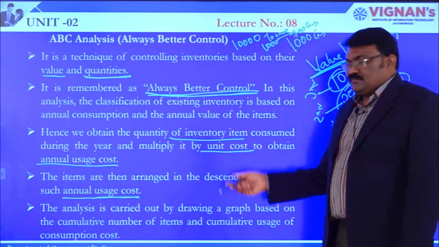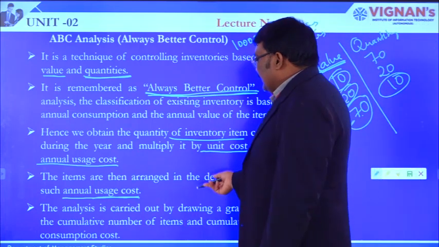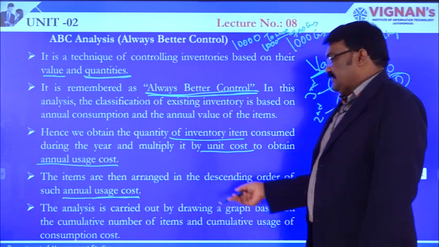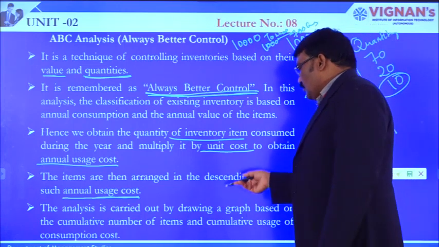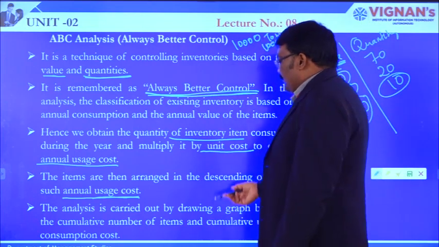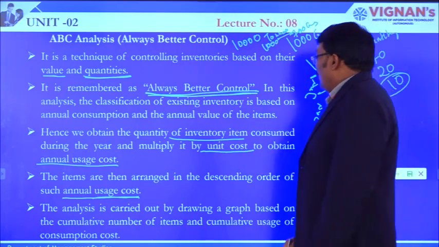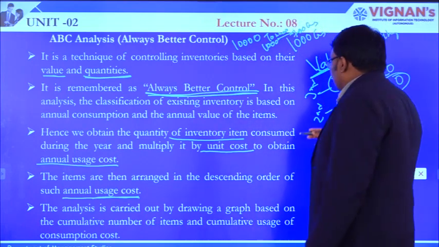Okay. Now, coming to the fifth point, the analysis is carried out by drawing a graph based on the cumulative number of items and cumulative usage of consumption cost. So, how are we trying to calculate this?